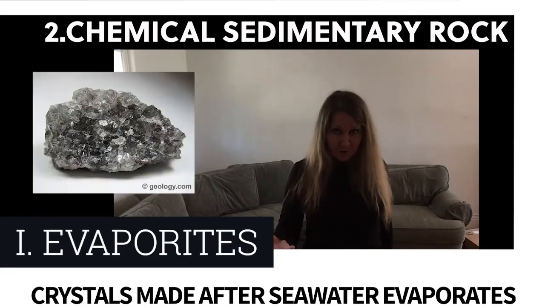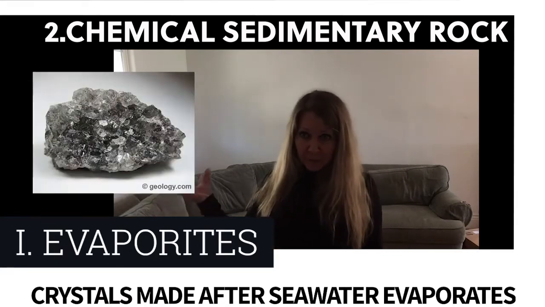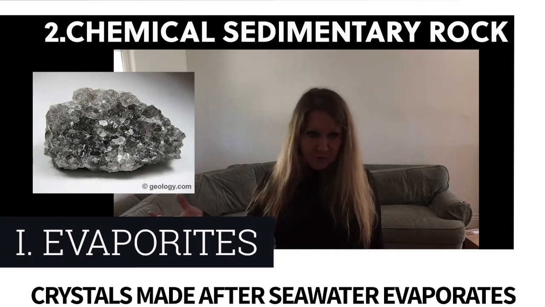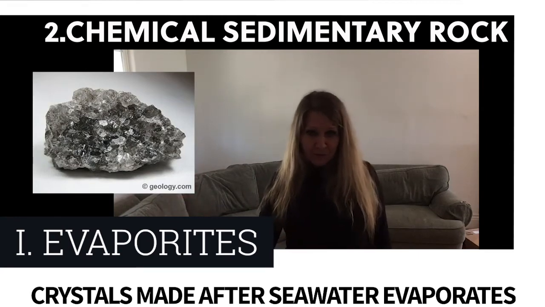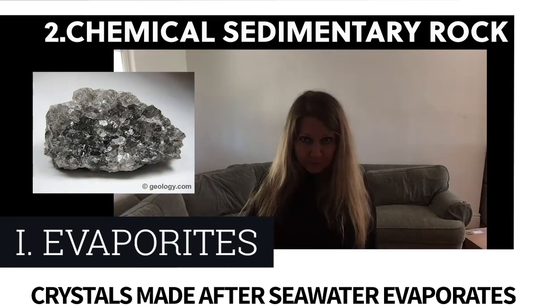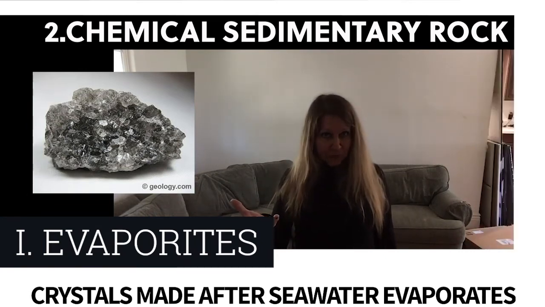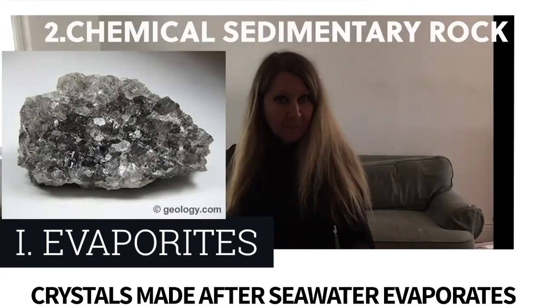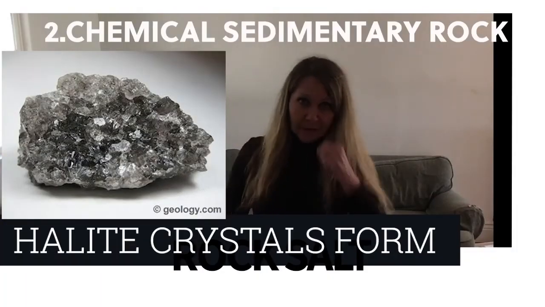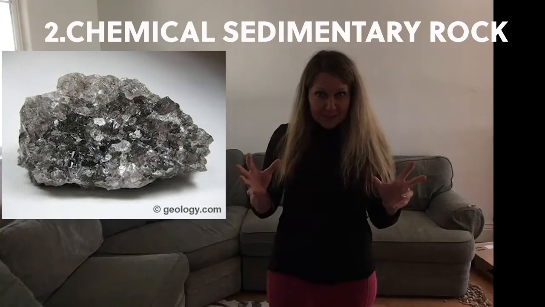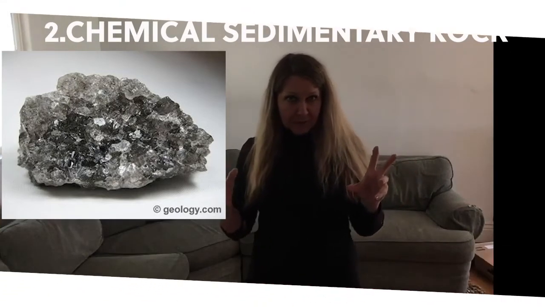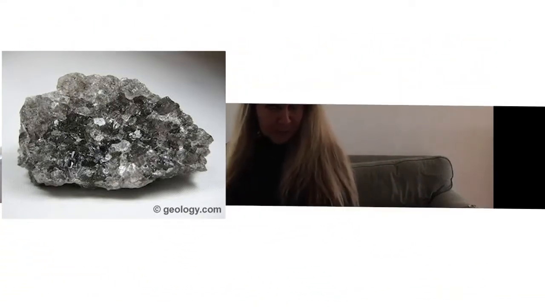So rock salt is produced from the evaporation of seawater. Seawater contains salt, right? So halite crystals can form rock salt. So that is a type of chemical sedimentary rock.